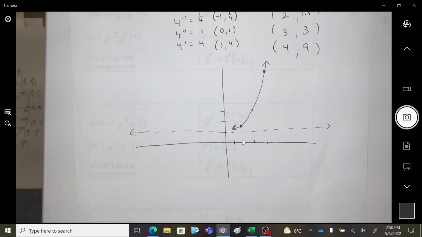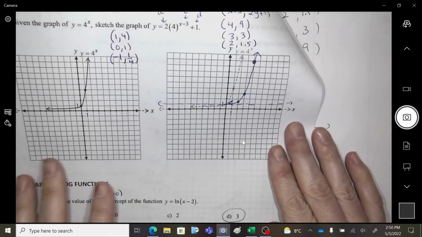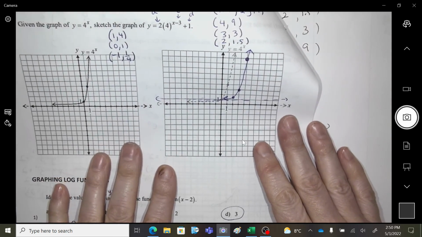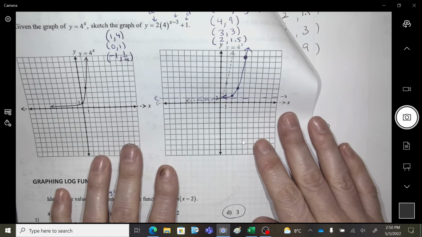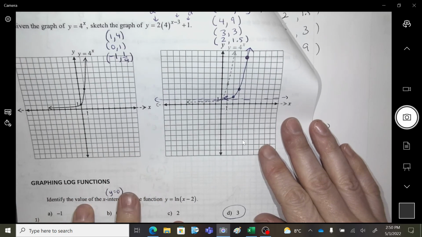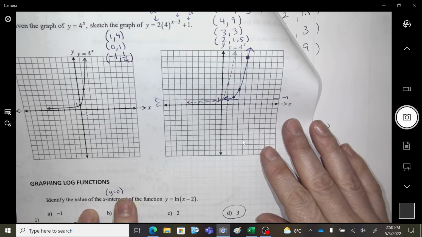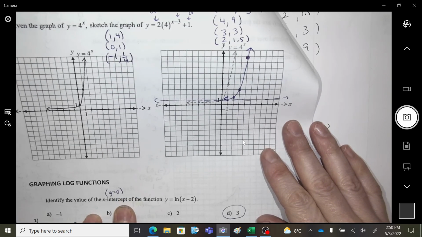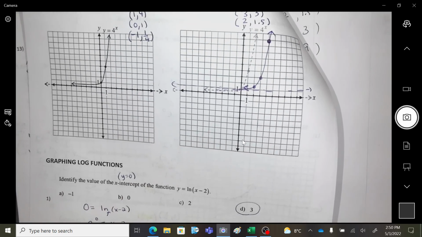And how does yours look? So it should look like the points are more vertically stretched out. It should look like it has gone right 3, and it should look like it's gone up 1. Right, with our transformation talk?